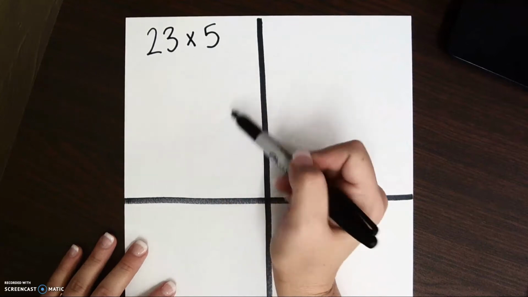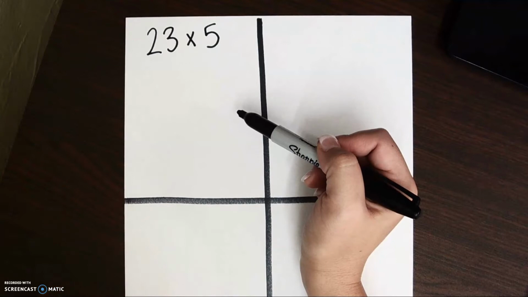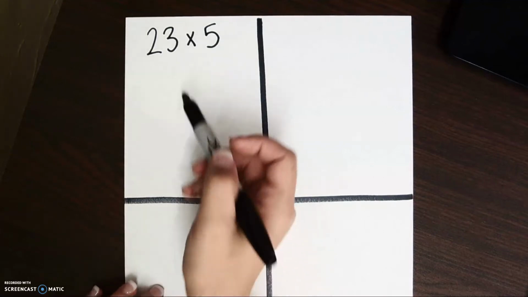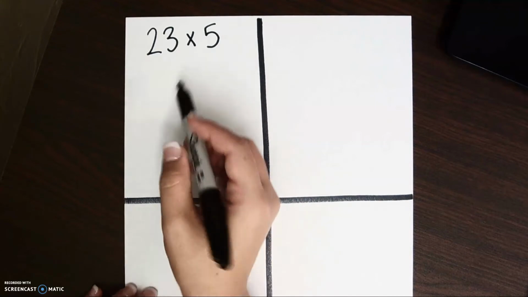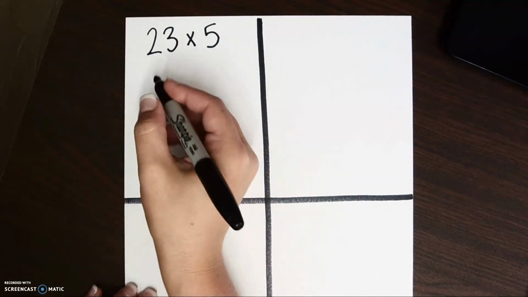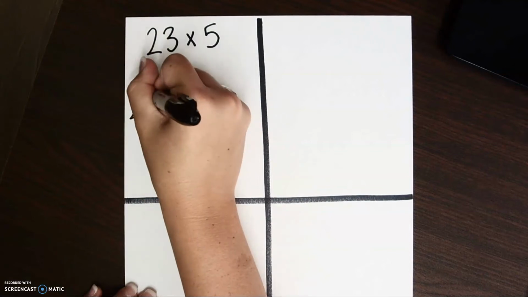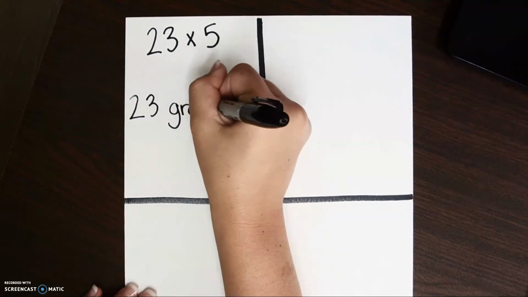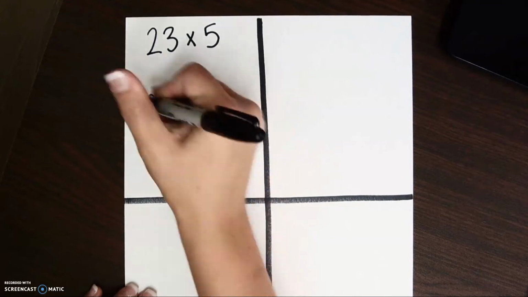Our first box, and you can pull out the sheet you did in class with your teacher, we're just talking about how we use words when we're talking about multiplication. Usually we would read this 23 times 5. But there's another way to say this. We can also say this means the same thing as 23 groups of 5.